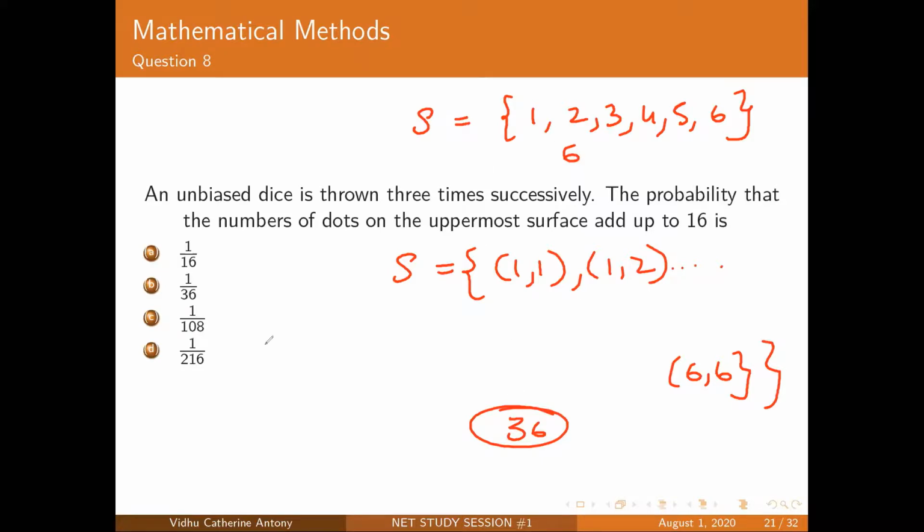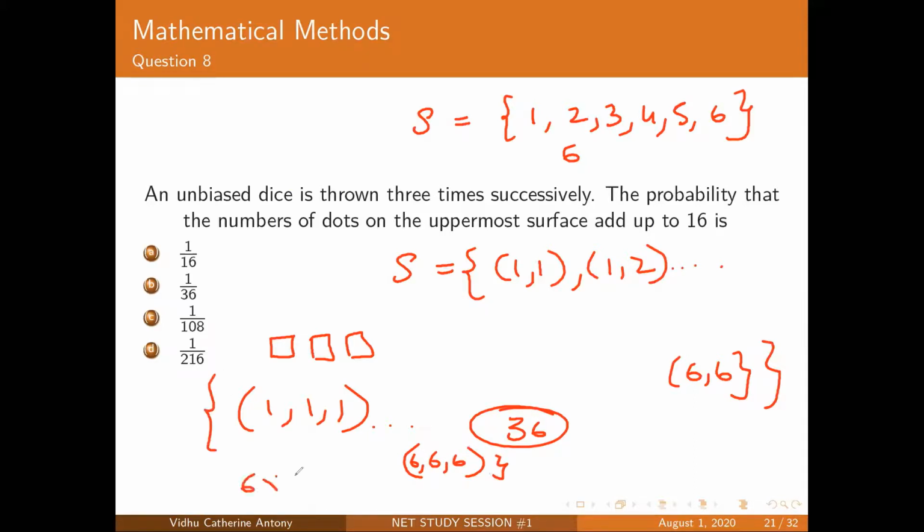Now here they're asking for 3 dice. So you basically have 3 dice. They want to know the probability that the number of dots on the uppermost surface add up to 16. You will of course know that it's going to be 1,1,1 up to 6,6,6. How do I compute the sample space?